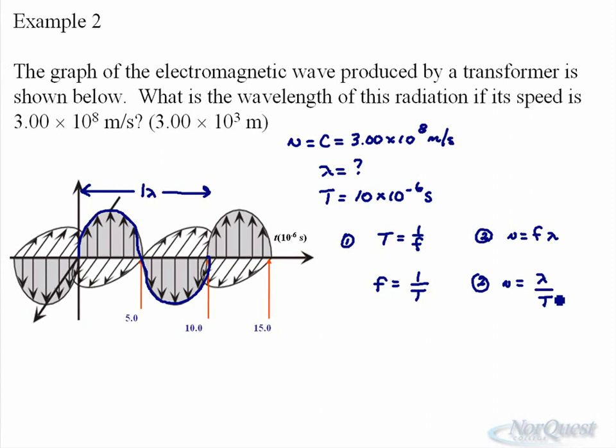And now if I wanted to manipulate this for what the question's looking for, equation 2 then becomes wavelength equals velocity times period.